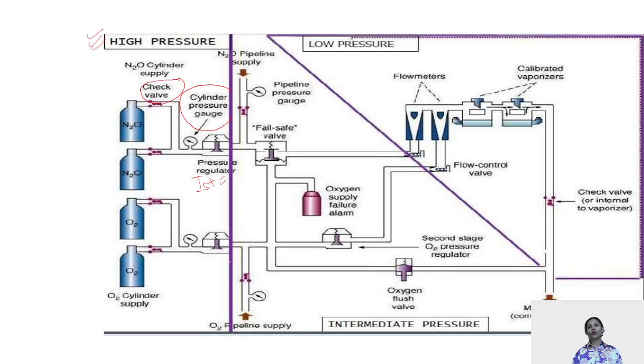Even this forms a part of your high pressure system. I repeat, when we talk about the high pressure system, it consists of your cylinders, your check valves, your cylinder pressure gauges, and your first stage pressure regulators.